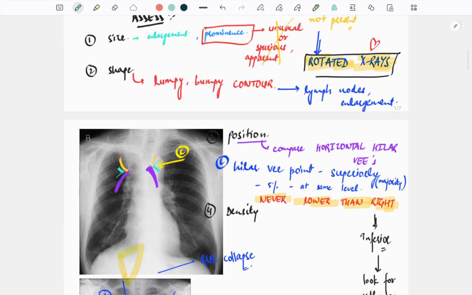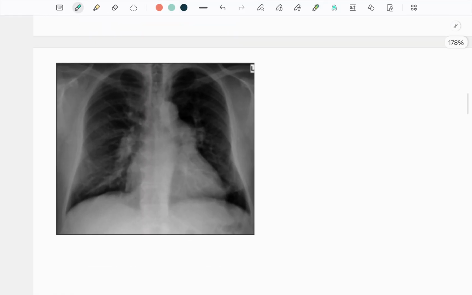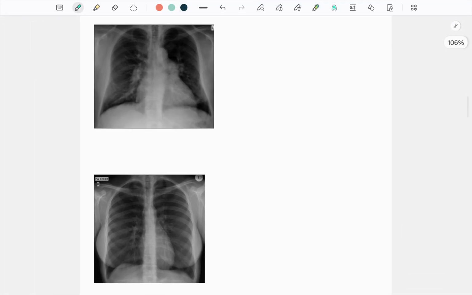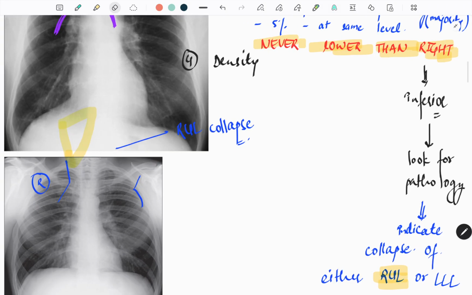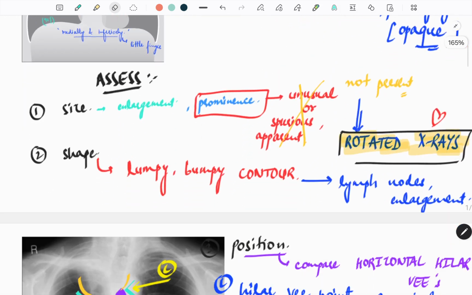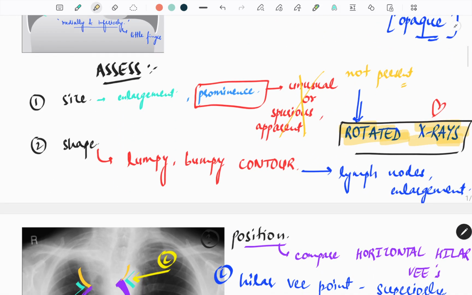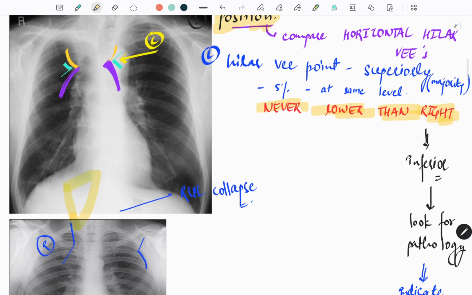Now, this is the last X-ray. Actually, this was the fourth point of assessing the X-ray. First was assessing the hilum. First was the size, second was the shape, third was the position.